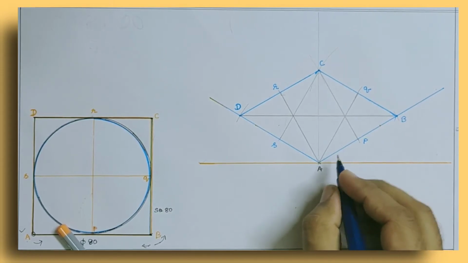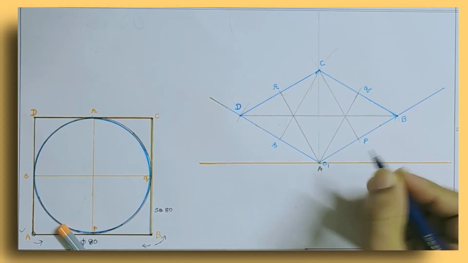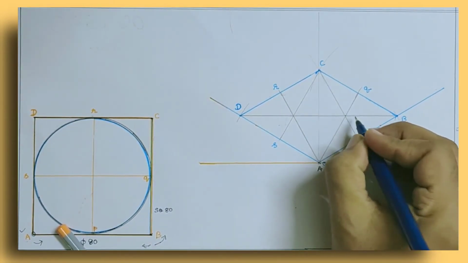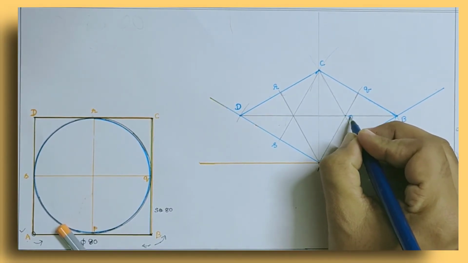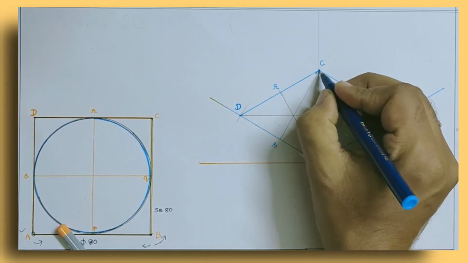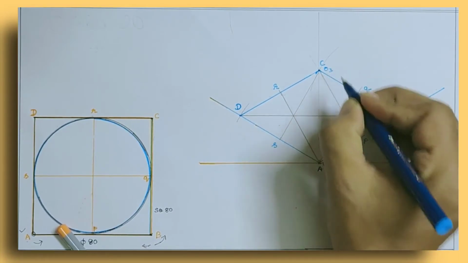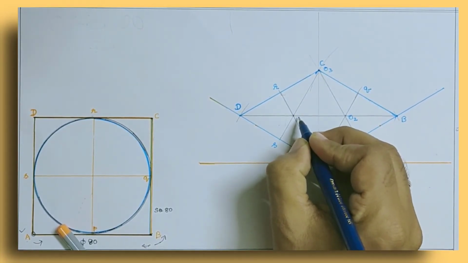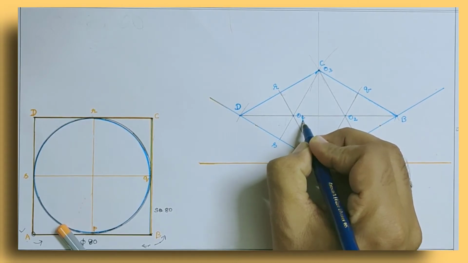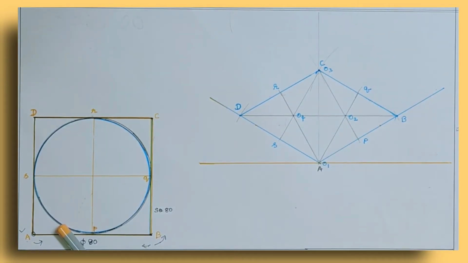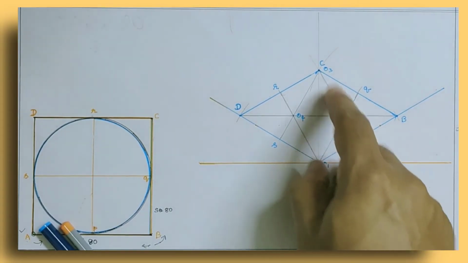Let us say this is center 1, this point is center 2, this is center 3 and this is center 4. You need not mark this, it is only for explanation purposes. I'm just showing you these are the four centers.